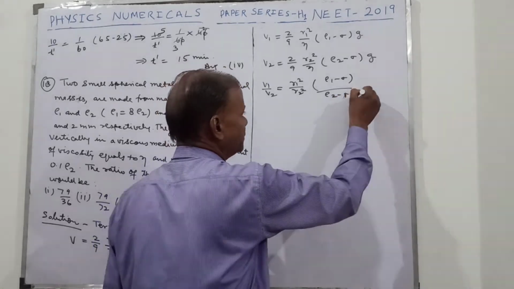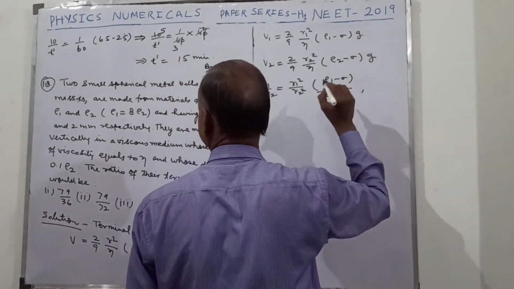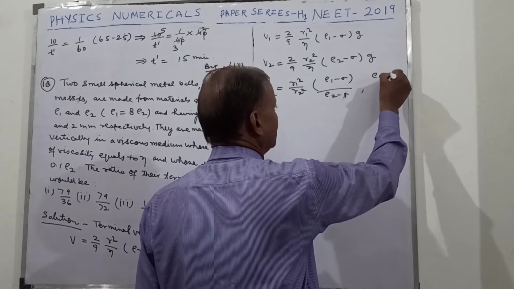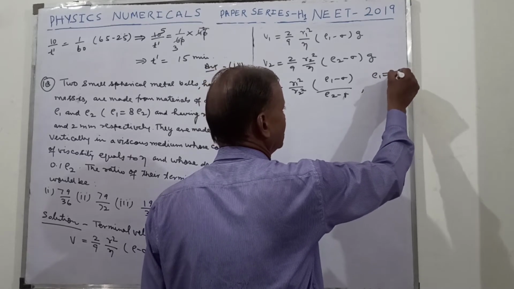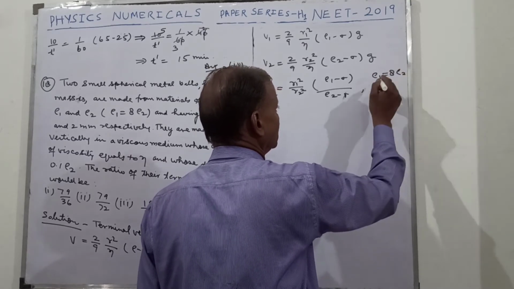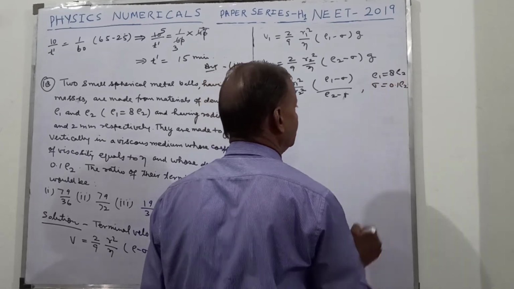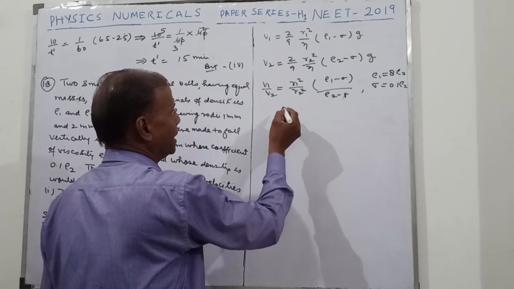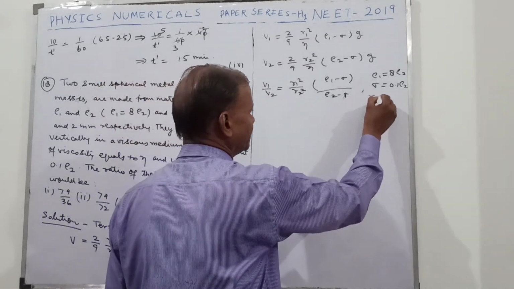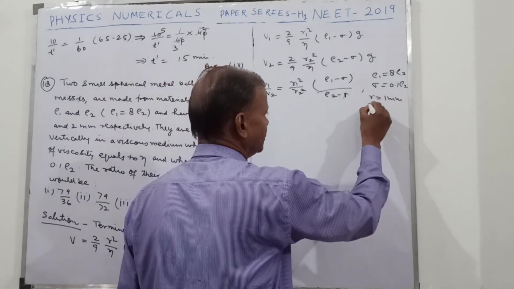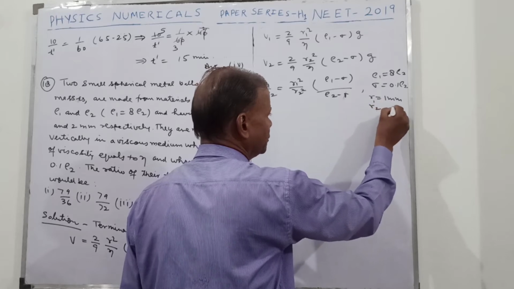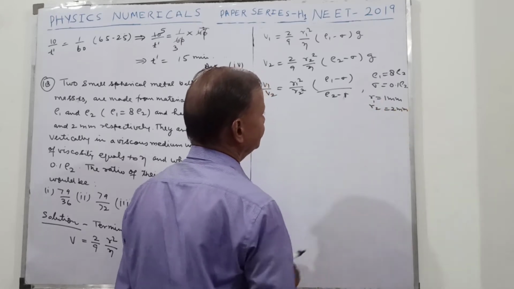Now here it is given that rho 1 equal to 8 rho 2 and sigma is equal to 0.1 rho 2. R1 is given 1 mm and R2 is given 2 mm.